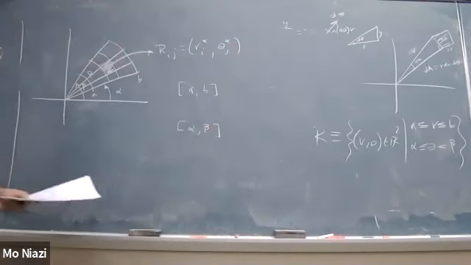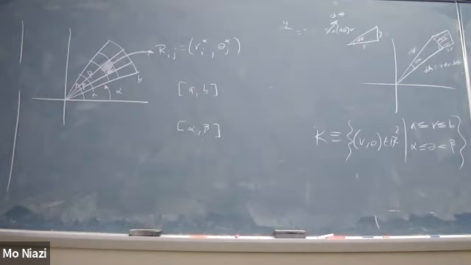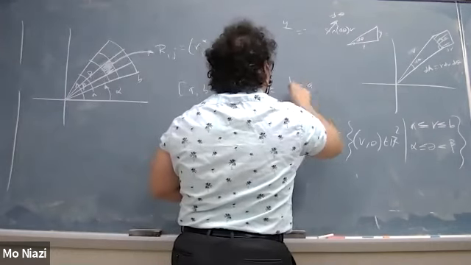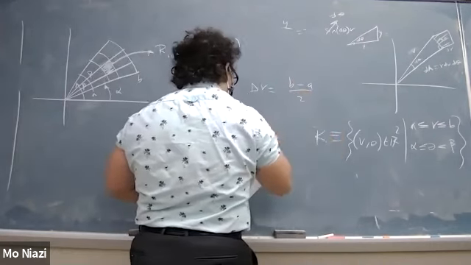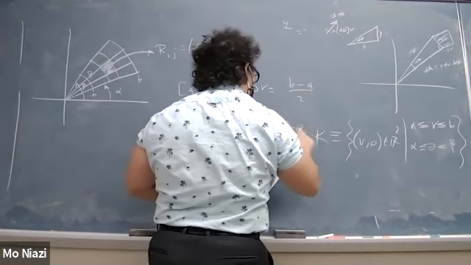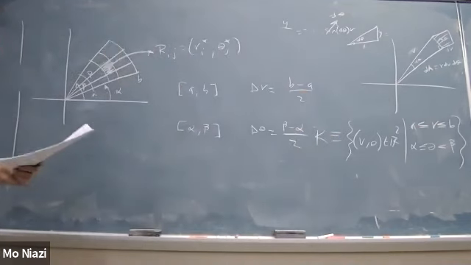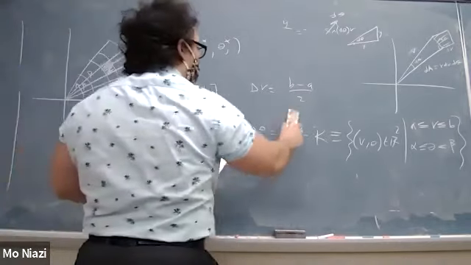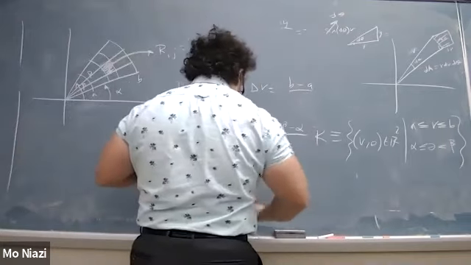Where delta r is equal to (b minus a) over m, and delta theta is equal to (beta minus alpha) over n. I said over 2 before, but I mean over m and n.